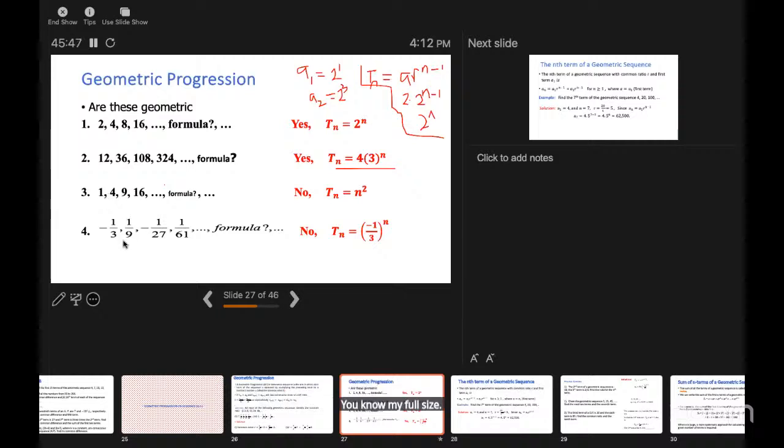Look at the next one. Does it have a common ratio? 1 over 9 divided by minus 1 over 3.